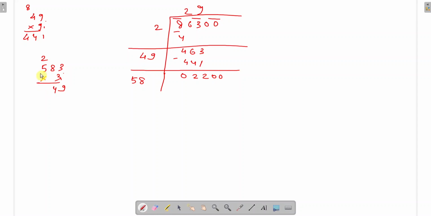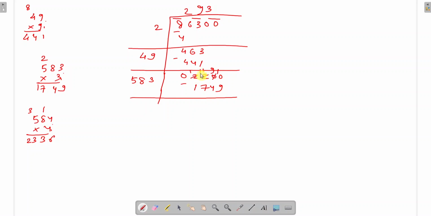Okay. 15 plus 2 is 17. So okay, so 3s are okay. 5, 8, 3 times 3 is 1749. Okay. Then 10, 9, then 1 borrowed, right?